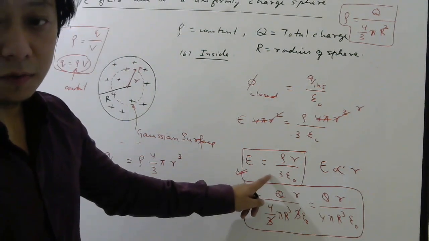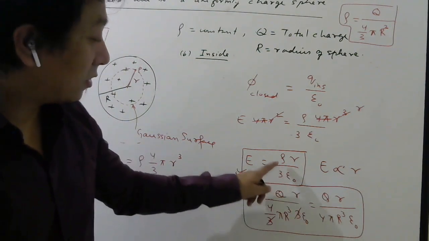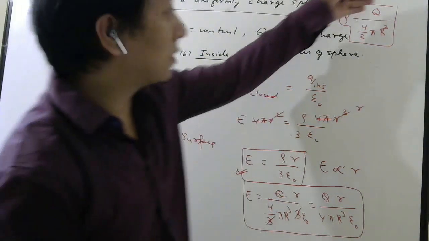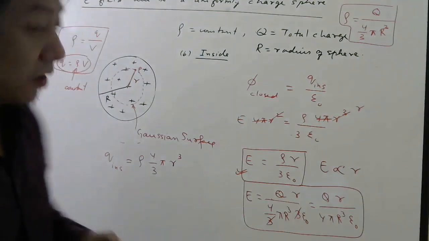Okay, and if you want it in terms of total charge, then just replace charge density by charge divided by volume. Okay, fine.